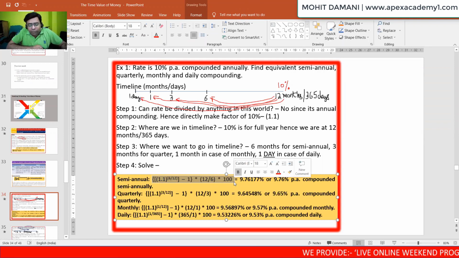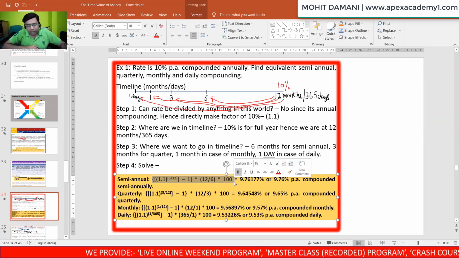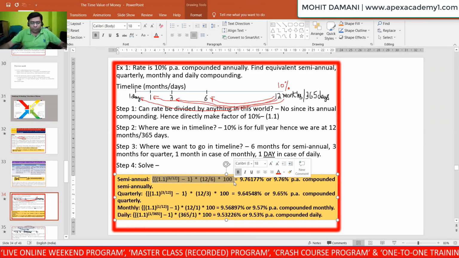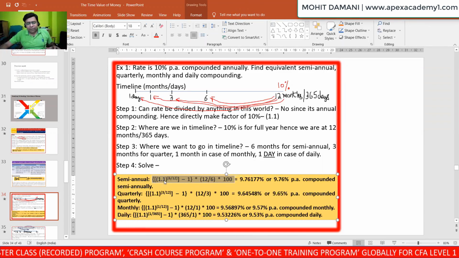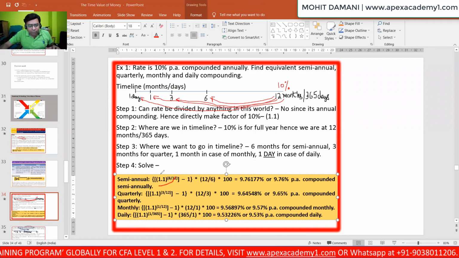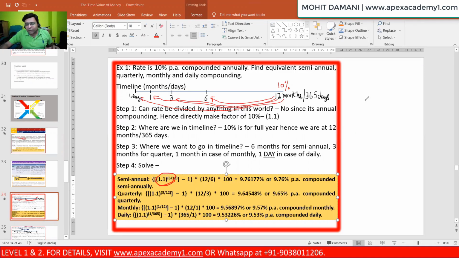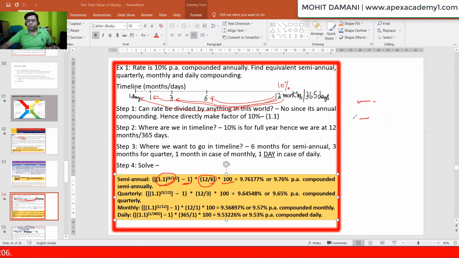The problem that you will face is that it will become very difficult to solve everything in one go. Many students will calculate this particular portion first, then write the outcome over here in the worksheet, then solve this other portion, and so on and so forth.